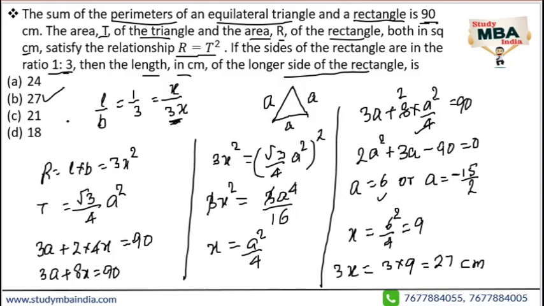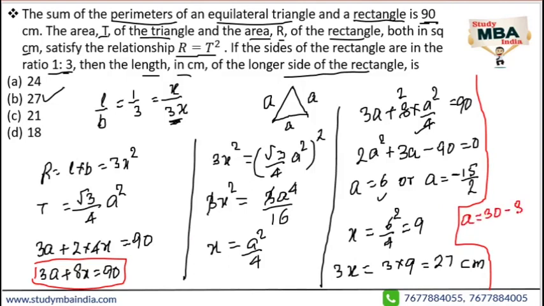I hope this is clear to you, but we can solve this question in another way also. From here we can see that 3 times a plus 8 times x is equal to 90. Can we write 3a plus 8x equals 90 as a is equal to 30 minus 8 by 3 of x?